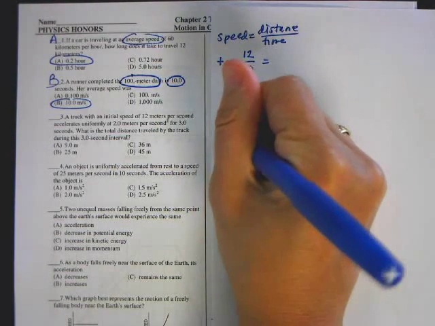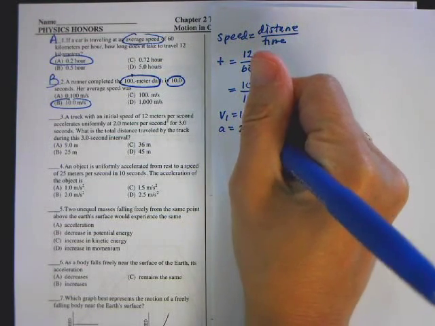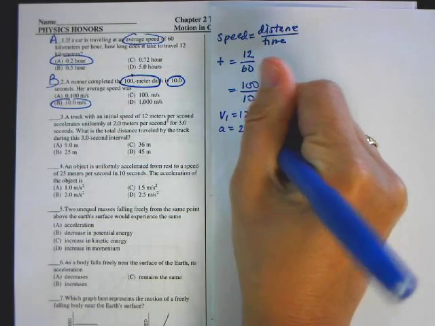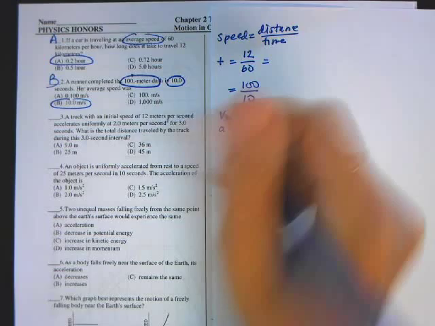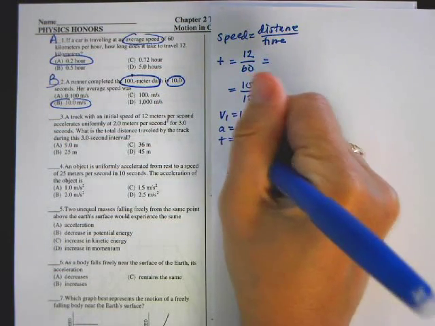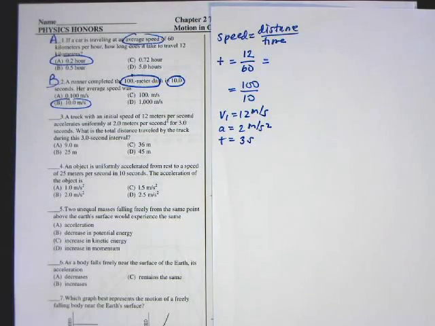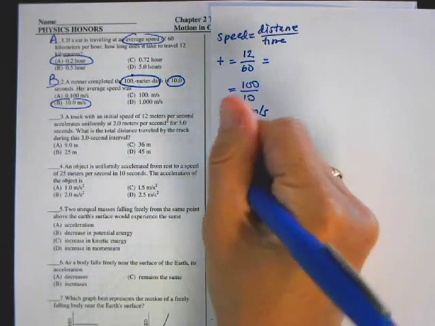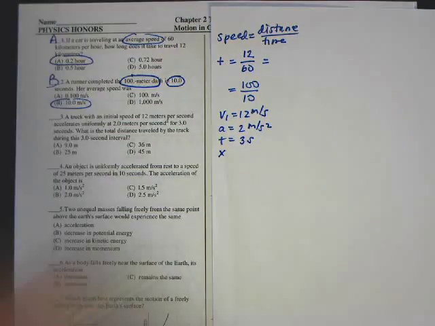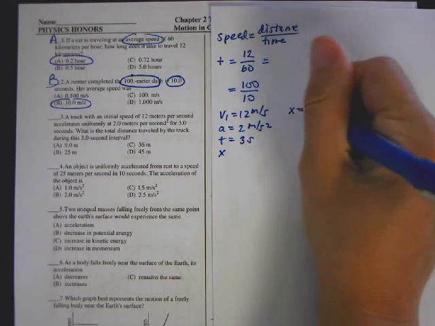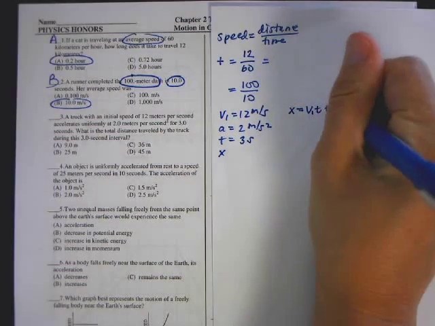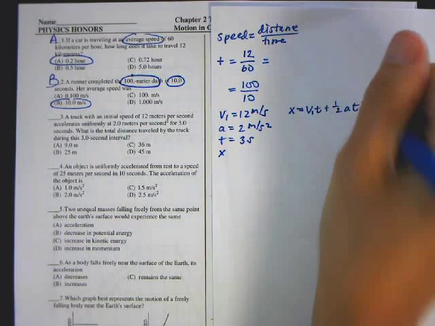What is the total distance? So I want to find x. So there's my 4 variables. So I'm going to use the equation x is equal to VIT plus 1/2 AT squared. So VI is 12, so it's going to be 12 times 3 plus 1/2 times 2 times 3 squared.